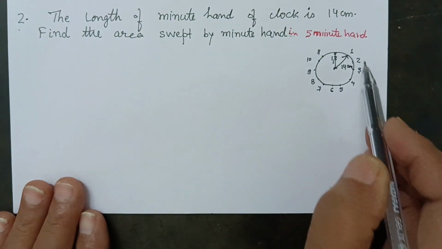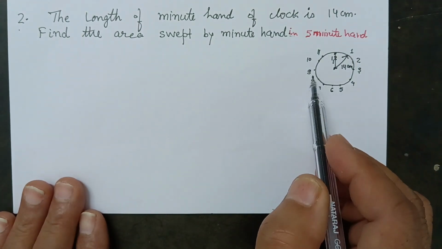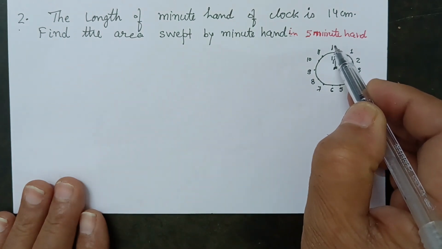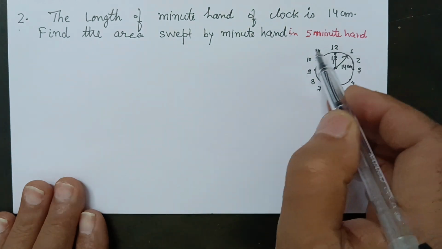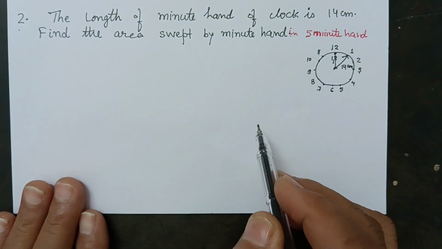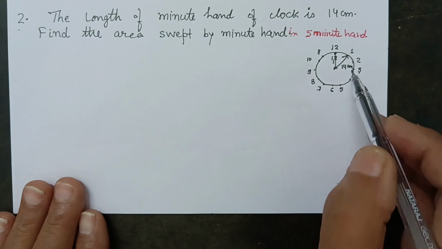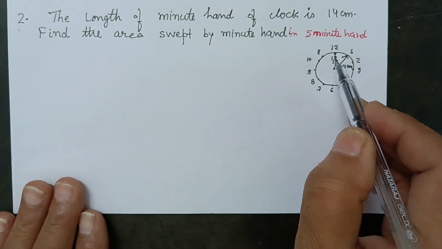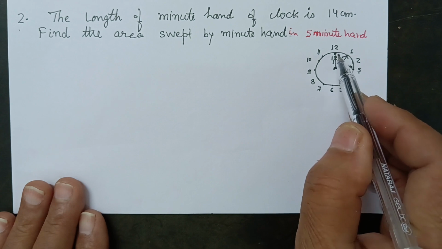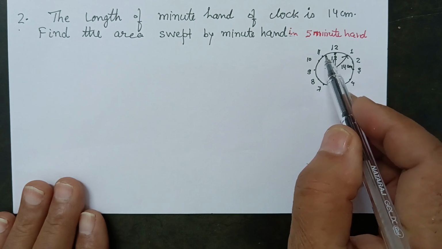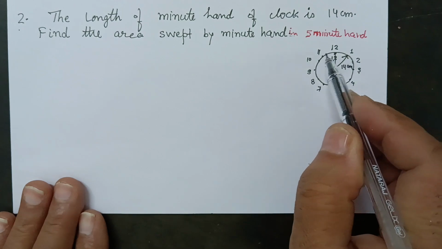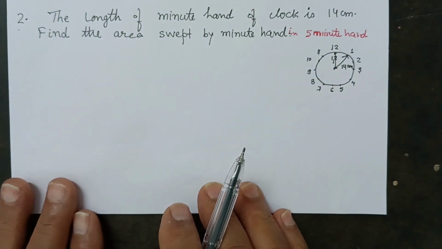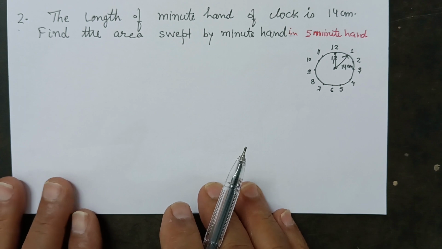This is the dial of the watch. Markings are from 1 to 12. That means in 12 hours, the minute hand takes one complete round. That means 360 degree, it is completing in one round.